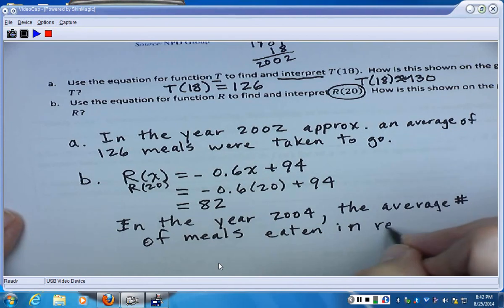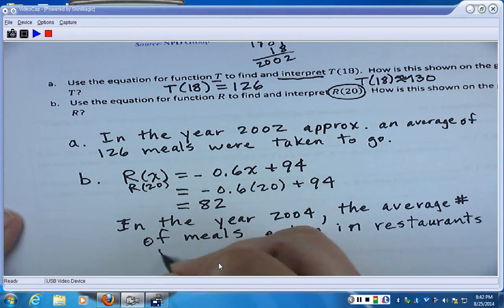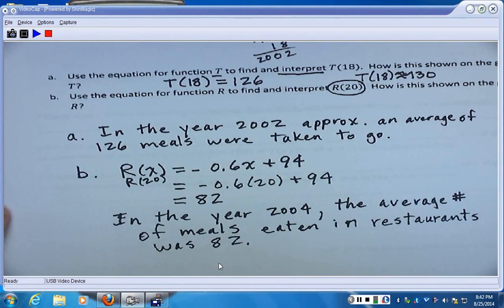I'm saying it like Yoda here. Restaurant was 82. I had already started writing it.